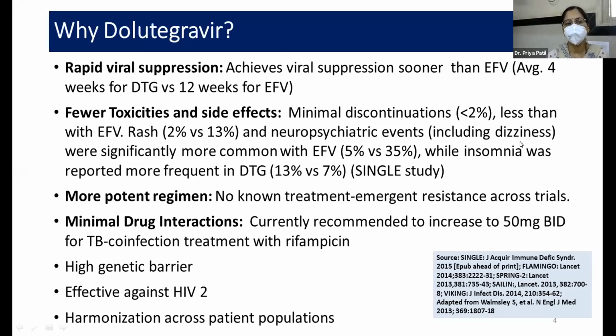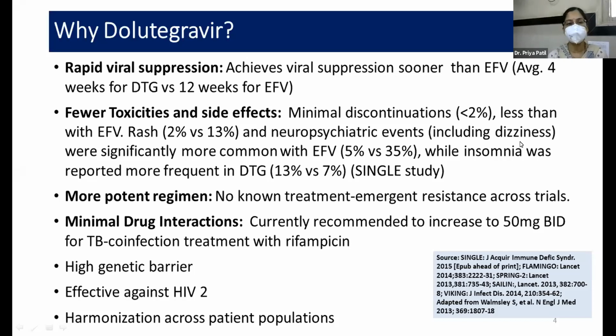Then the toxicity and side effect profile of dolutegravir is much better than efavirenz. As we all know, with TLE as the first line regimen, there were a lot of discontinuations because of efavirenz neurotoxicity. However, discontinuations with dolutegravir are less than 2%, which is much less as compared with efavirenz.